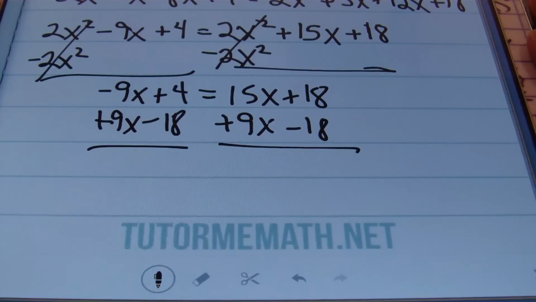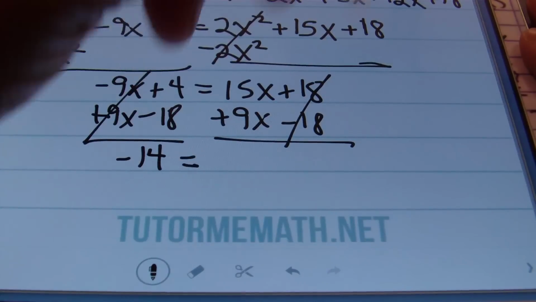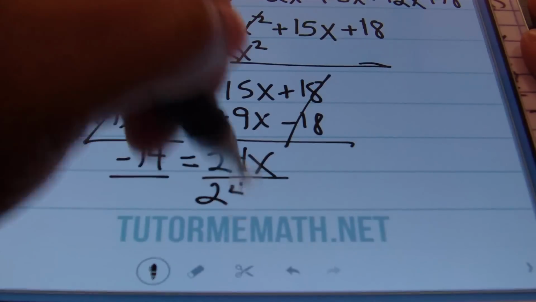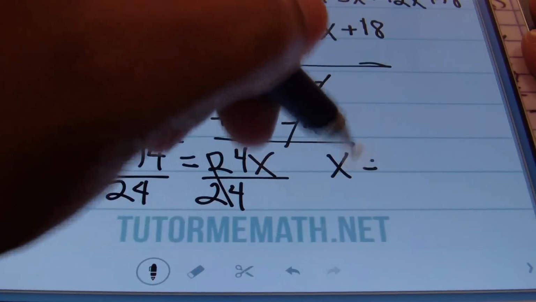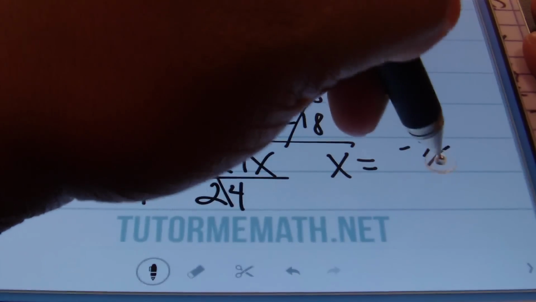All right. So my 9x's will cancel out, 18's will cancel out. I end up with negative 14, which equals 24x, and then I'll be dividing both sides by 24. But my potential solution, I'll need to simplify this fraction. So reducing 14/24 by 2, you'll end up with negative 7/12.